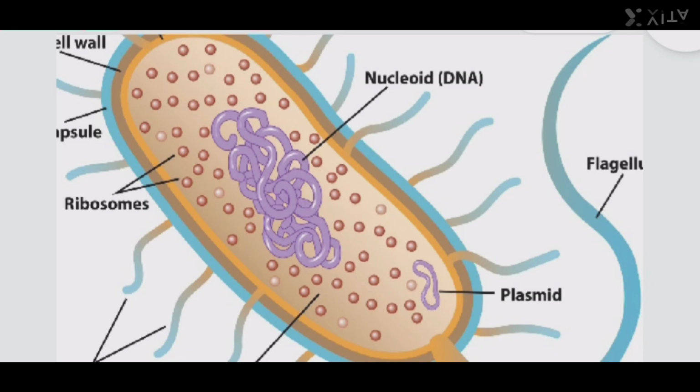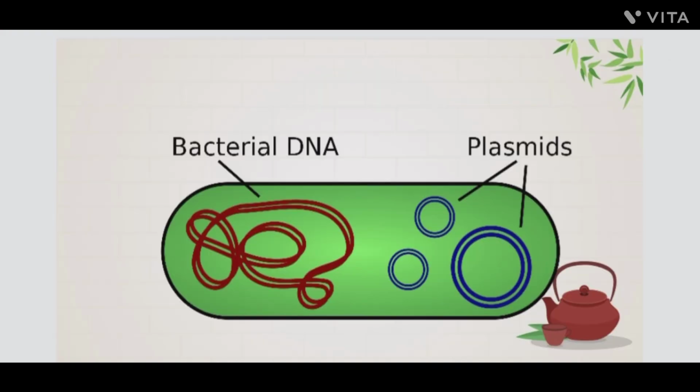This is a well-labeled diagram of the bacteria showing plasmid and nuclear DNA. That's how plasmid is different from the nuclear DNA. And this is another diagram of plasmid and bacterial DNA representation.